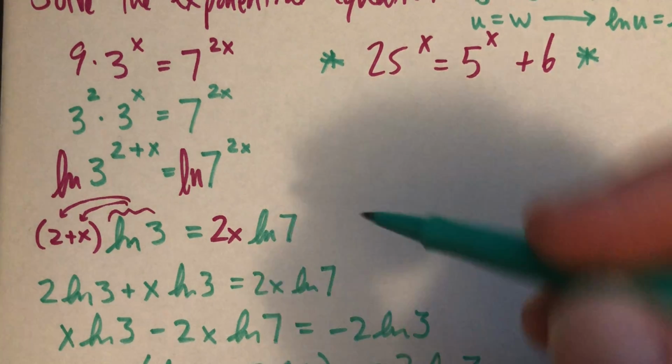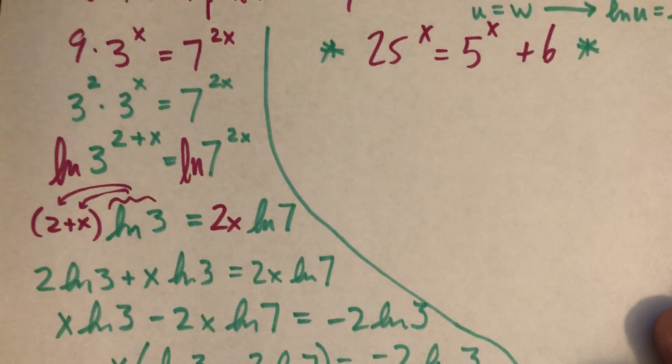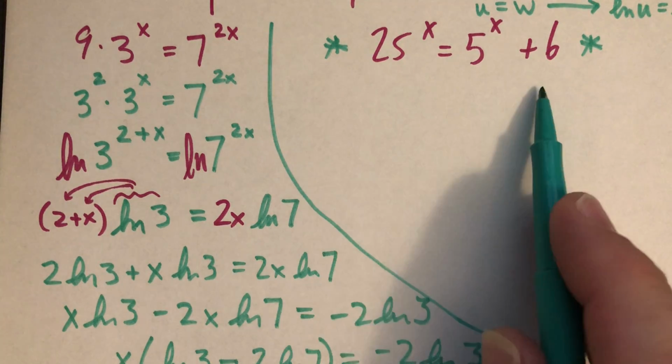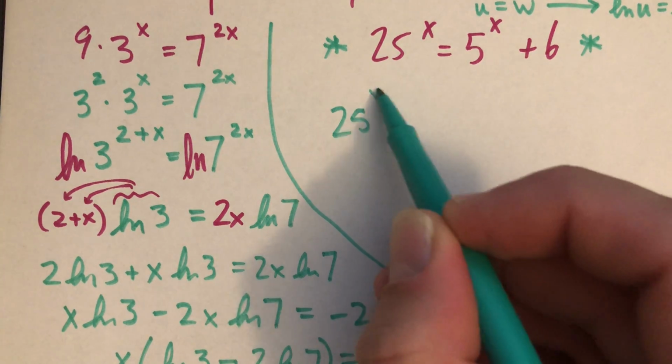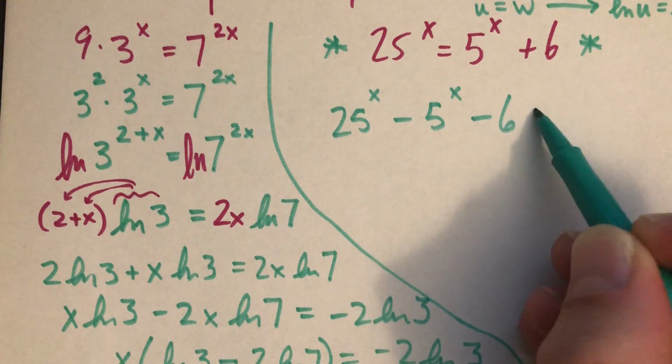So we can use a slightly different strategy that we've probably seen before, but maybe not in this context. If we want to, let's get everything on one side. So I can have 25 to the x minus 5 to the x minus 6 equals 0.